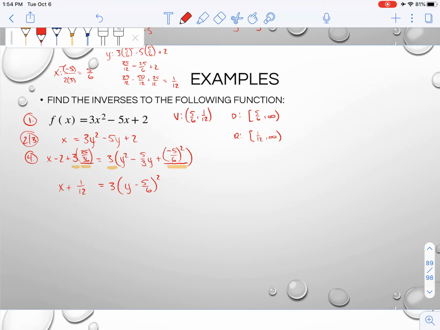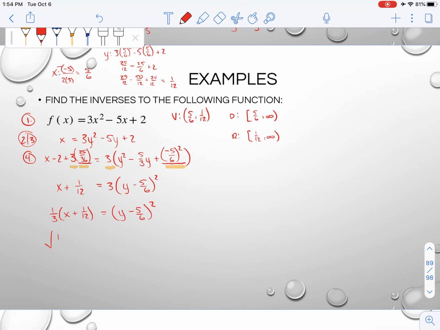I'm going to multiply both sides by 1/3. So it's going to give me 1/3 times (x plus 1/12), and for right now, I'm not going to distribute, equals (y minus 5/6) quantity squared. When I take a square root of both sides, I'm going to have the square root of 1/3 times (x plus 1/12) equals y minus 5/6.